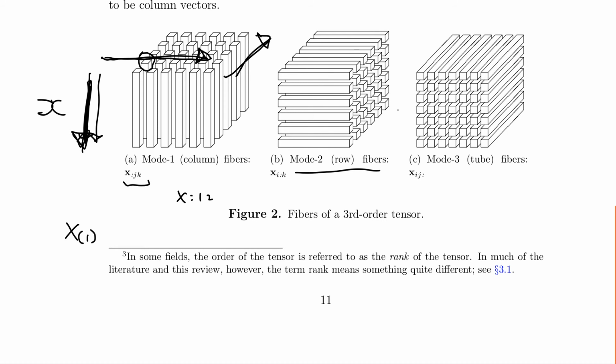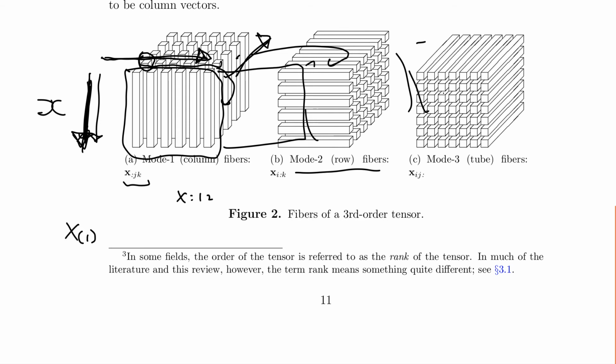Okay, this has 5 layers, right? So I have this first layer here, and then I put this second layer and these 6 fibers along this side, and then I put another 6 fibers here and so on.